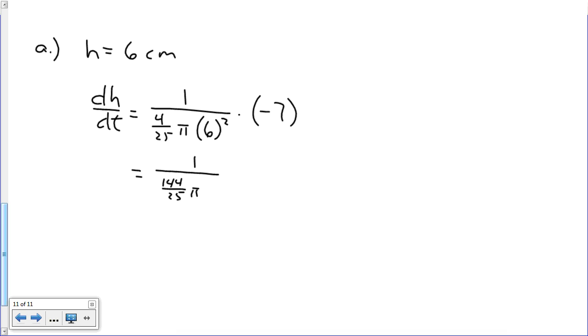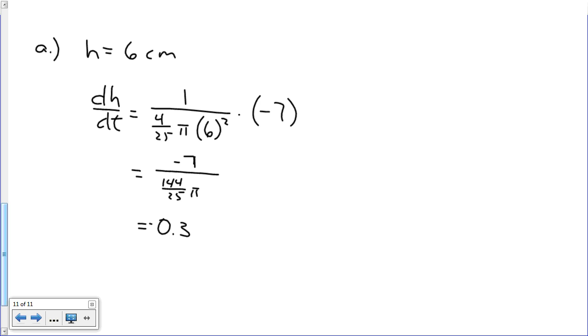And I'll put the negative 7 in the numerator, so it's a negative 7 over that. And if we simplify that, just to get a decimal approximation, if we take negative 7 divided by the 144 over 25 times pi, we get negative 0.387.